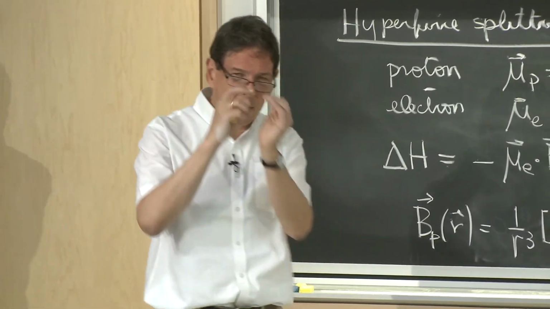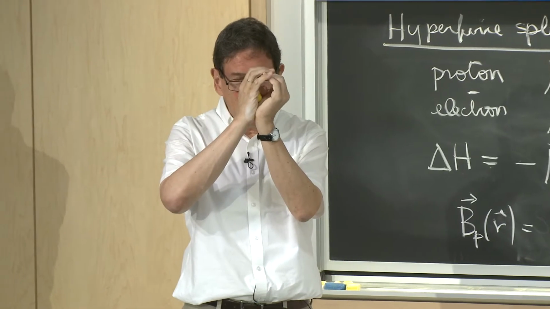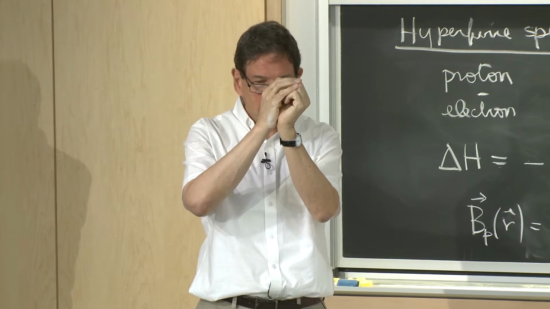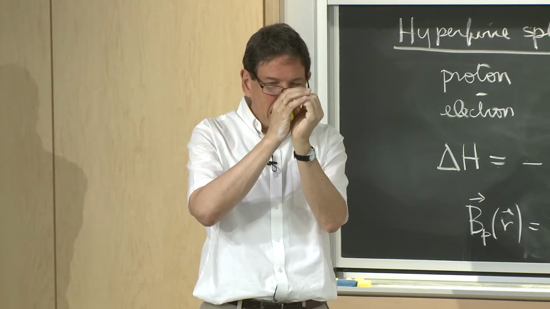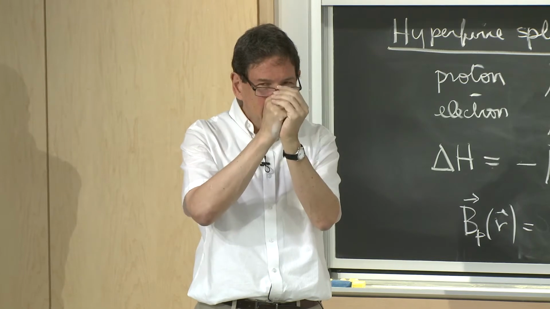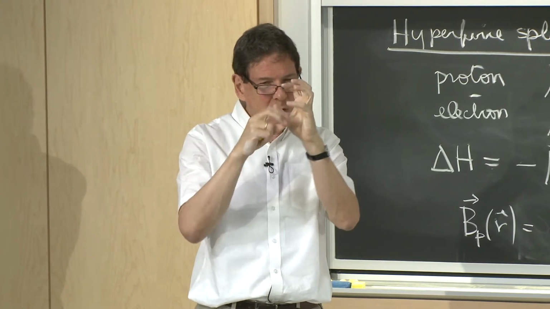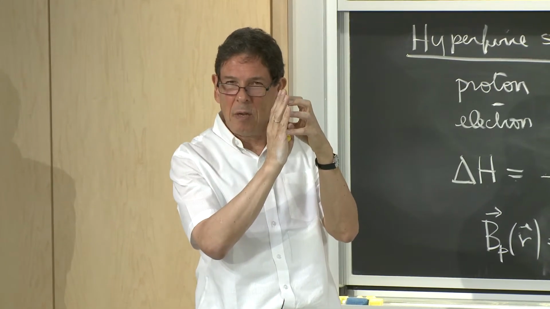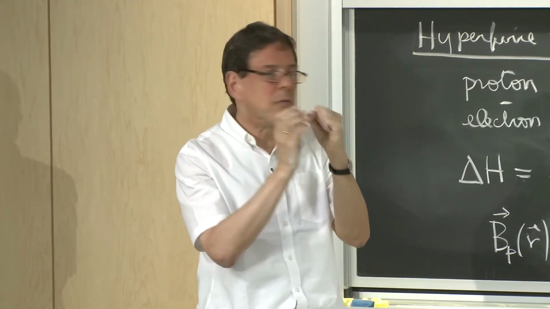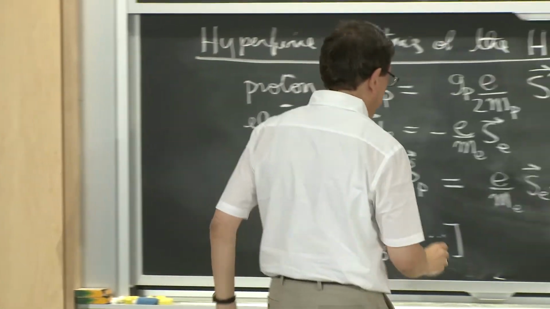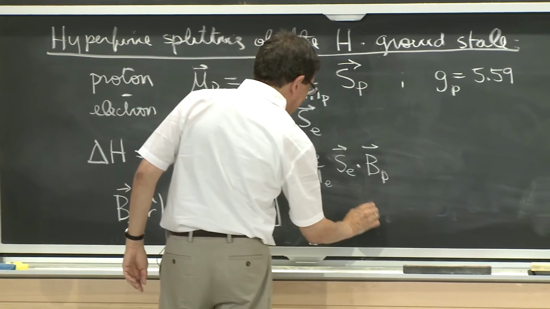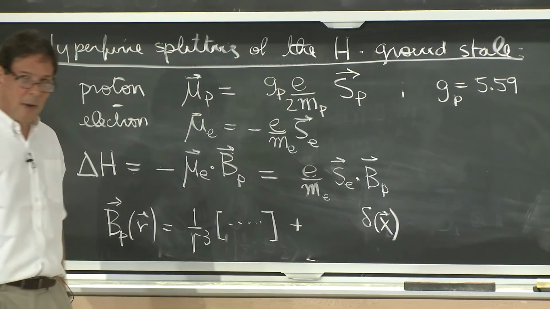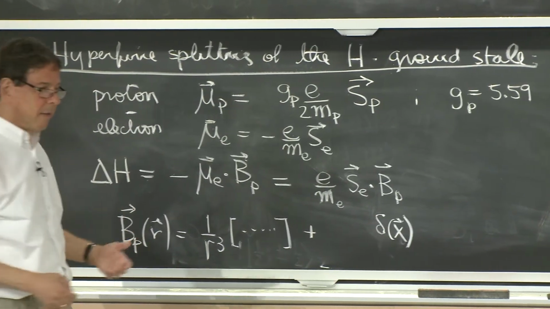On the other hand, as you take the ball going to 0, you will have to take a limit carefully in such a way that the end result is that if you integrate the magnetic field on that little ball, that integral doesn't go to 0. And therefore, there's a residual magnetic field that is proportional to a delta function at the origin.